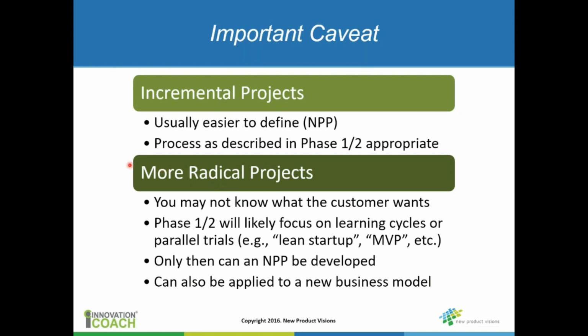So you need to maintain flexibility and not try to do this type of project with this type of process. It's out of this type of activity, where you're iterating and learning, that at some point you can then define what the customer wants and move on through the development, but you don't want to jump right to a product definition when you don't even know what the customer wants. And as I mentioned, this can also be applied if you're developing a brand new business model.